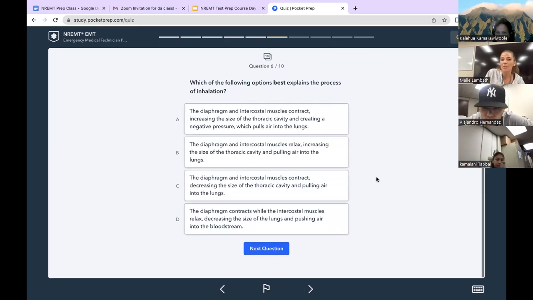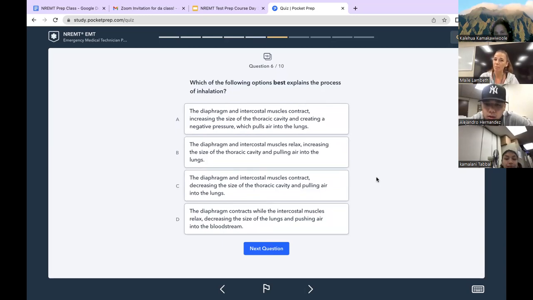B: The diaphragm and intercostal muscles relax, increasing the size of the thoracic cavity and pulling air into the lungs. C: Diaphragm and intercostal muscles contract, decreasing the size of the thoracic cavity and pulling air into the lungs. D: Or the diaphragm contracts while the intercostal muscles relax, decreasing the size of the lungs and pushing air into the bloodstream. Which one sounds completely wrong to you?